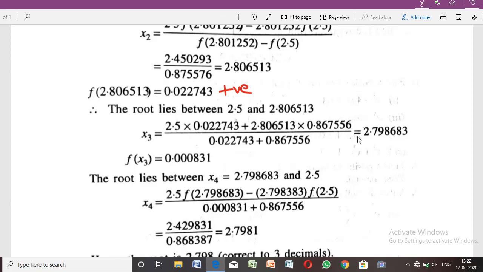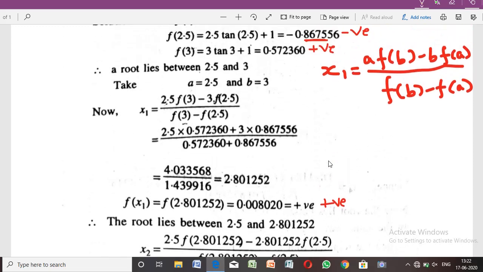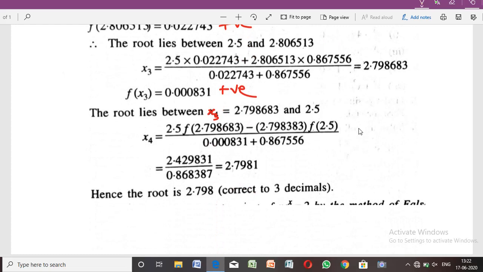Here the value is positive, so the root lies between x3, that is 2.798683, and 2.5, because 2.5 is negative. So negative and positive, hence the root lies between these values.